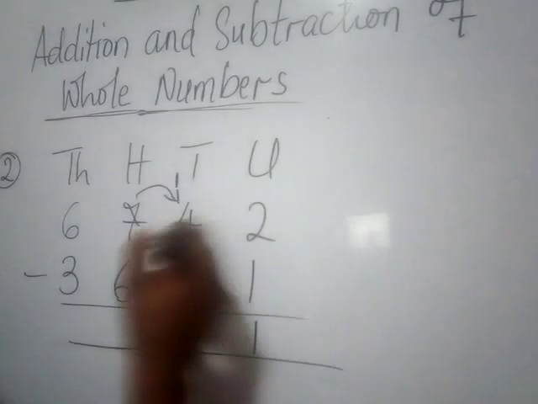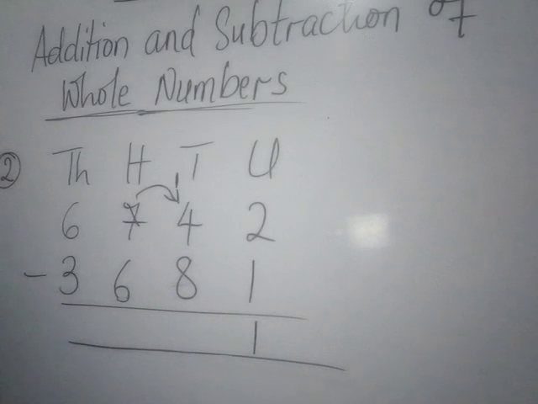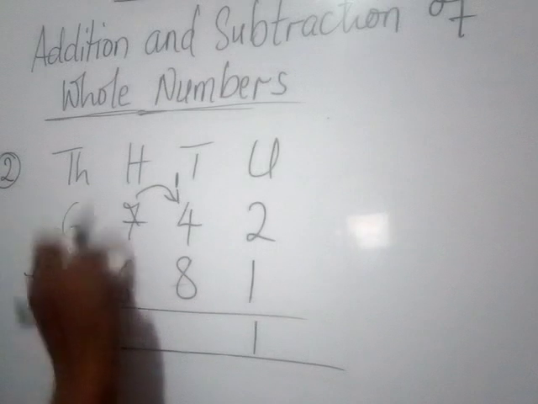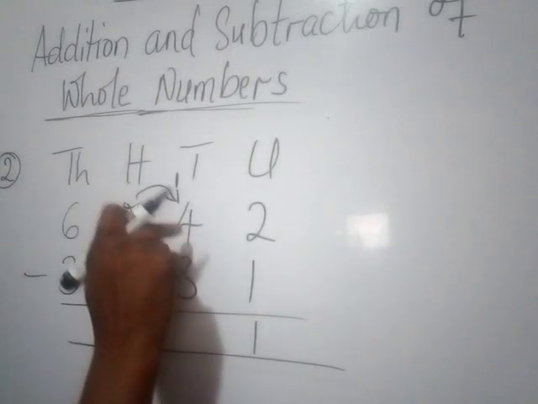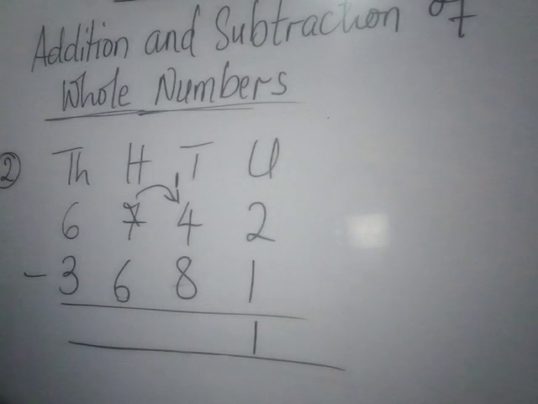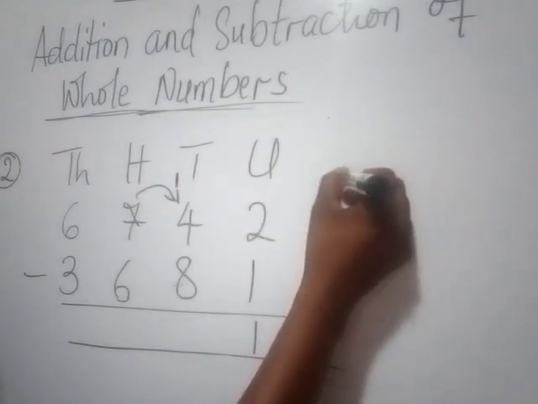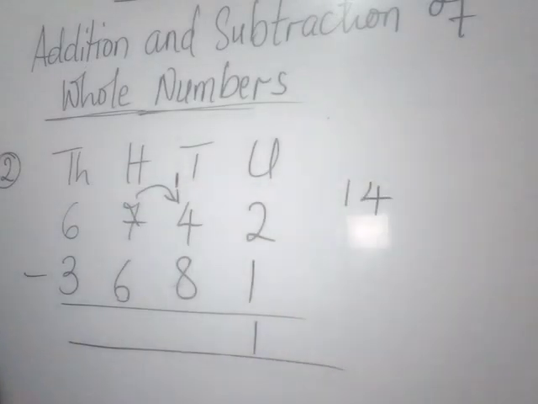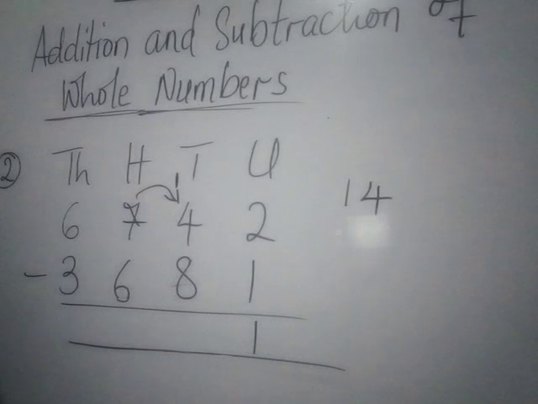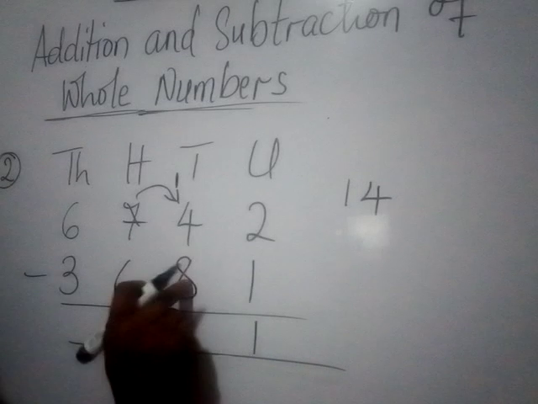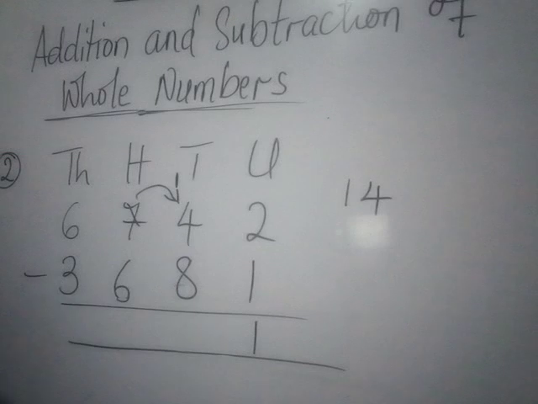So we take 1 from here and it comes to the tens position. When it comes to this part, the 4 there becomes 1 and 4, which is 14. Okay, so 14 now is bigger than 8, then we can go ahead and do our normal subtraction.